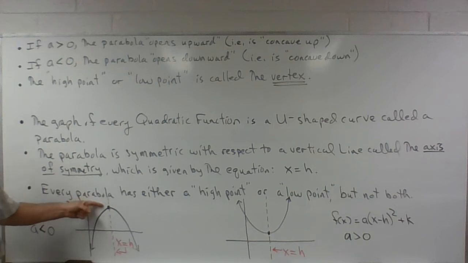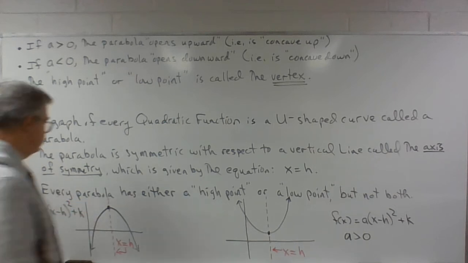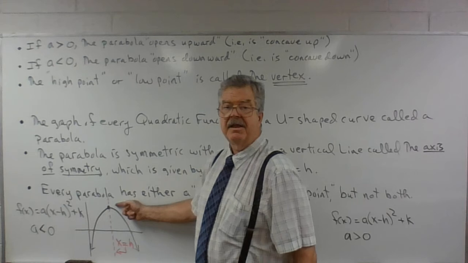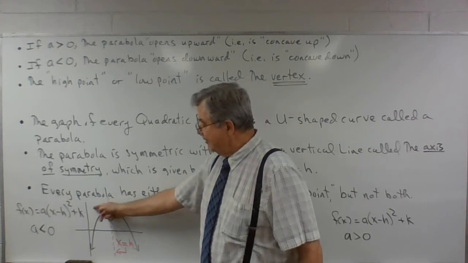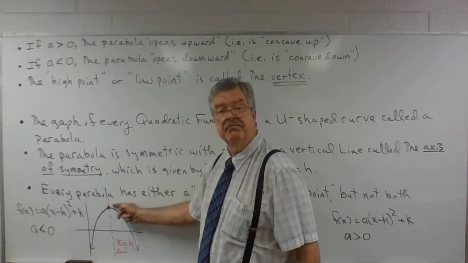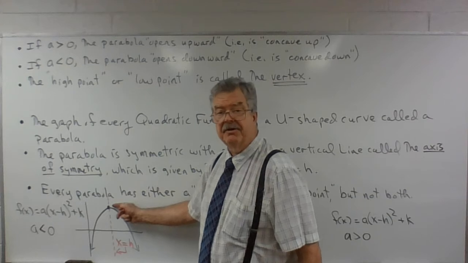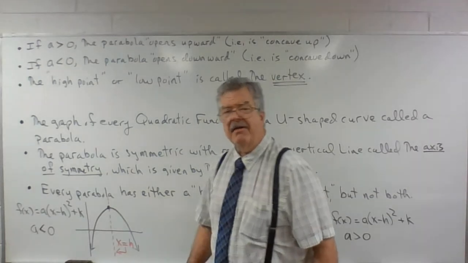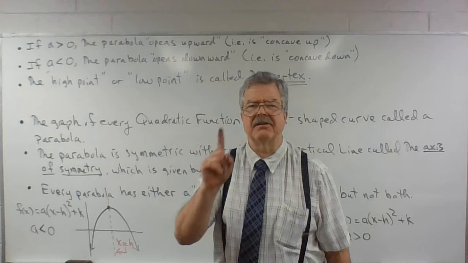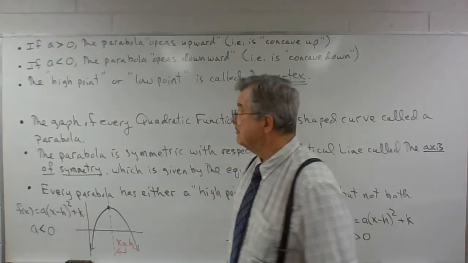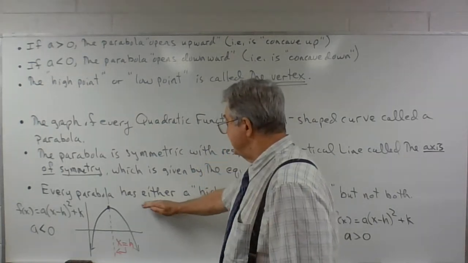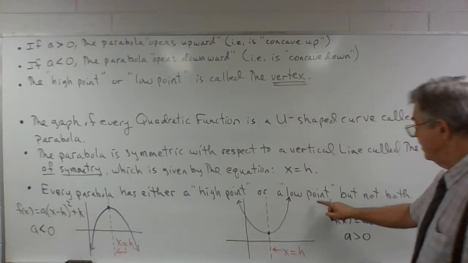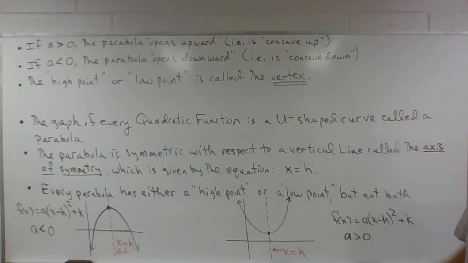Here's the high point. Here's the high point of the graph of this function. So this is the vertex. Every parabola has exactly one vertex because every parabola has either a high point or a low point, but not both.